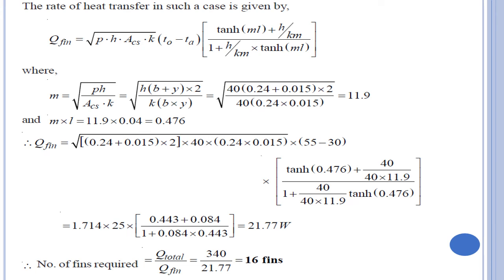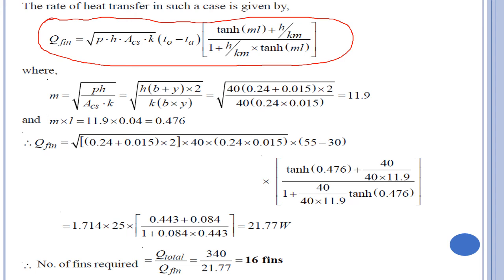So we have to use this formula: Q fin equals under root of PhAk into (T0 minus TA) into (tanh ml plus h upon km) divided by (1 plus h upon km into tanh ml), where m is a fin constant, that is under root of Ph divided by Ak, where P, the parameter, is 2 into (B plus Y), h is the convection heat transfer coefficient, k is the thermal conductivity of fin material, and cross section area is B into Y.